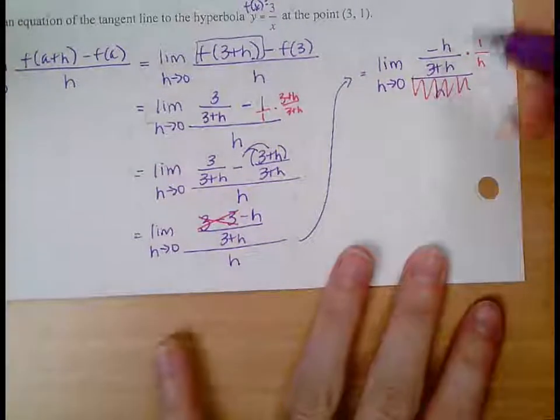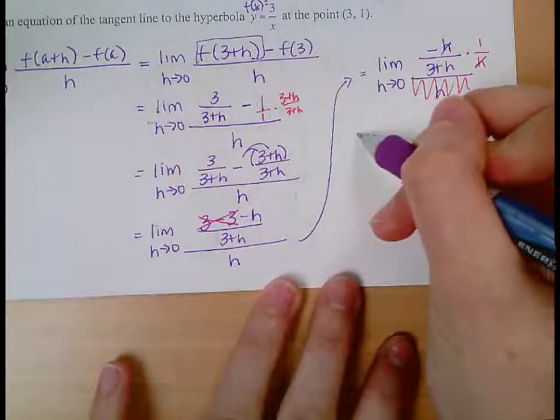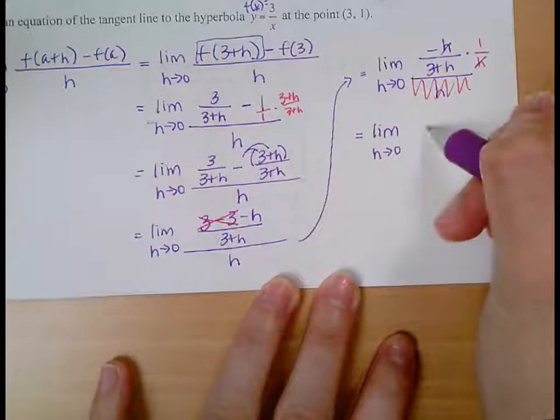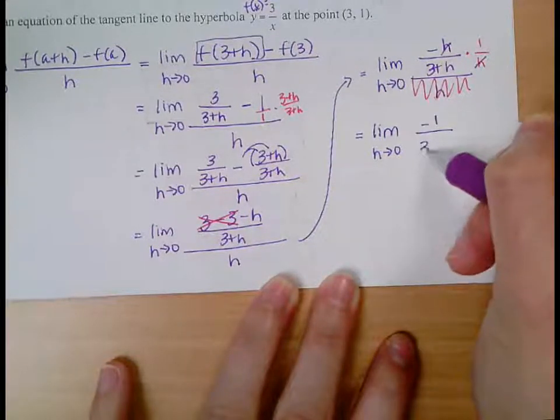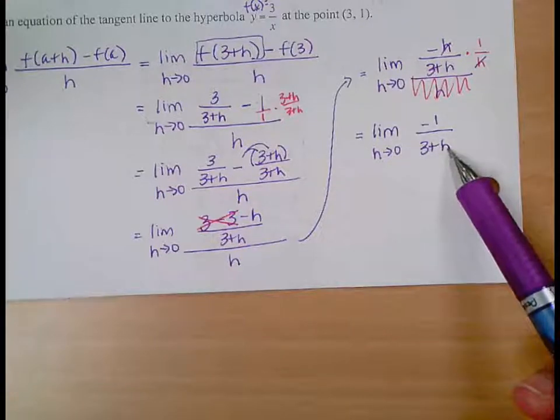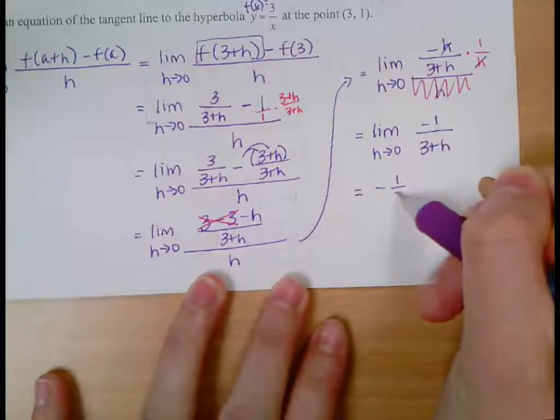So then these h's cancel each other out. So I do have the limit as h approaches 0 of negative 1 over 3 plus h, which now I can substitute 0 in for h to get negative 1/3.